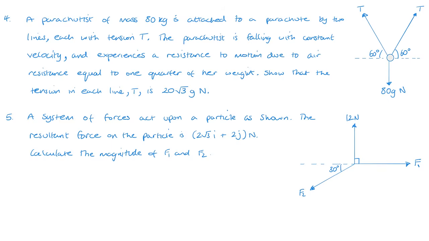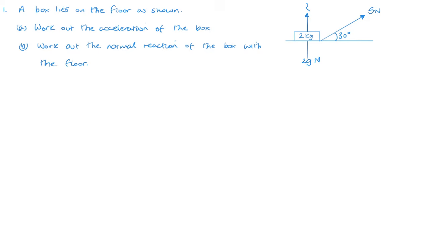Okay, hopefully you are back and ready to look at the answers. So let's jump into question 1. So here we have it. We will split the 5 newton force up into 2 components. So 5 cos 30 and 5 sine 30 there.